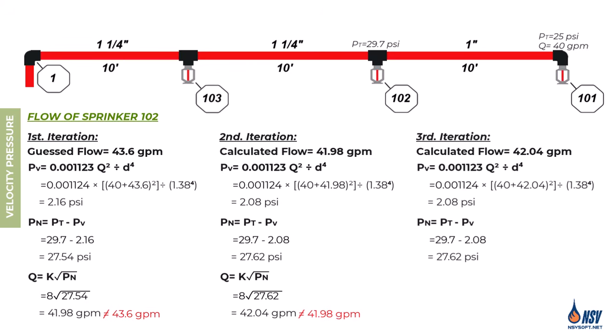The normal pressure becomes 27.62 pounds per square inch, and the calculated flow is again 42.04 gallons per minute. Because the calculated flow now matches the flow used at the start of the iteration, the process has converged. Therefore, the actual flow for sprinkler 102 is 42.04 gallons per minute.